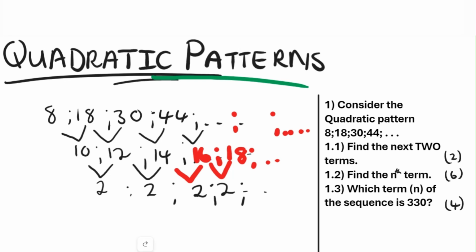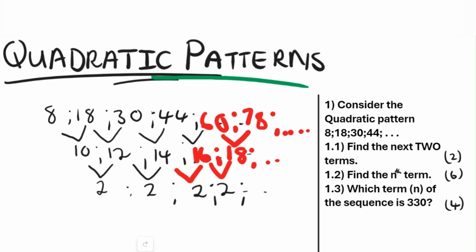Okay. We want to add 44 and 16 to get our next term here, that will be 4 plus 6, 10. So we have 0, and then 5, we have 6 there, 60. So we have 60 there, and we have 60 plus 18 to get our next term, that is 78.